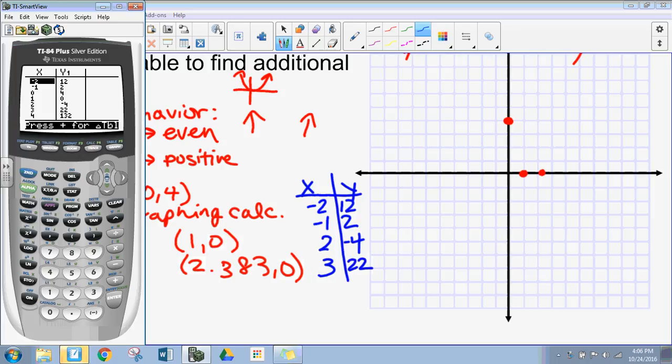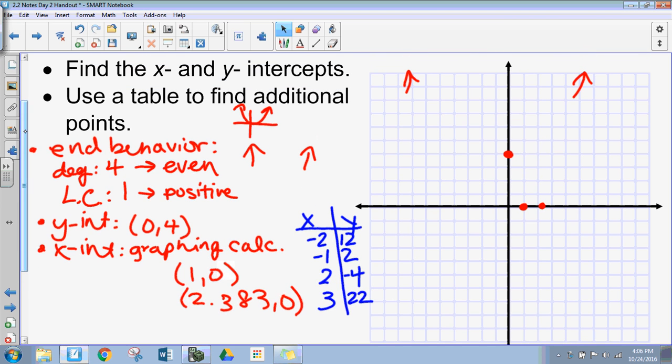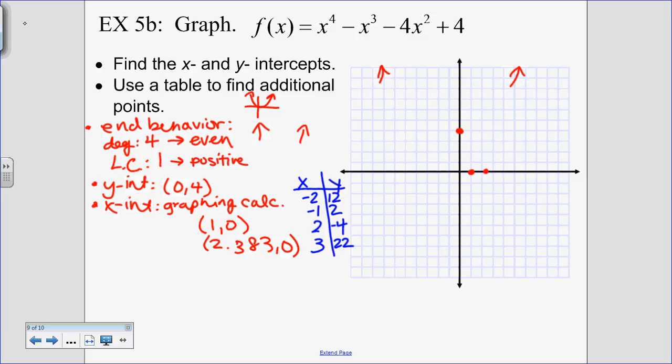So I'm going to put it there just for some reference. Okay, so now we're going to graph that. So (-2, 12), and I'm going to close this out so we can see the rest of this graph. Okay, so (-2, 12). So we're going up here, that's going to be 2 above. So maybe you would want to change the scale on this graph. But we're going to get a good enough picture here. So (-2, 12), (-1, 2), (2, -4).